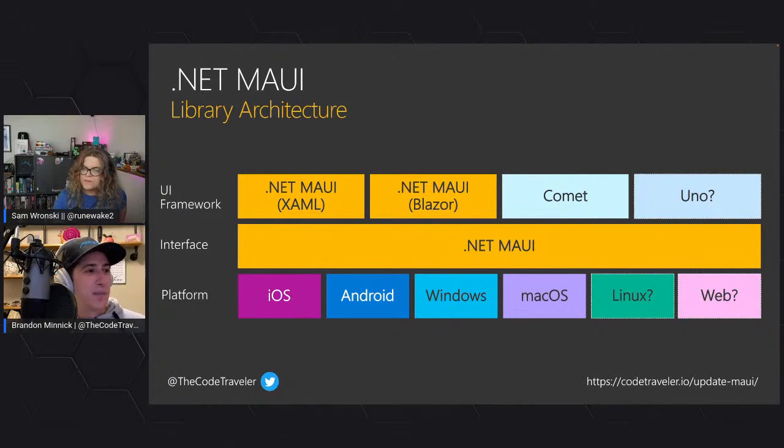And the best part is we can plug in all these different platforms. So right now, .NET MAUI officially supports iOS, Android, Windows, macOS, but let's say we wanted to add support for Linux. So that same code that we wrote in our XAML could just run on Linux. Well, to do that, we can basically plug in Linux into the interface.